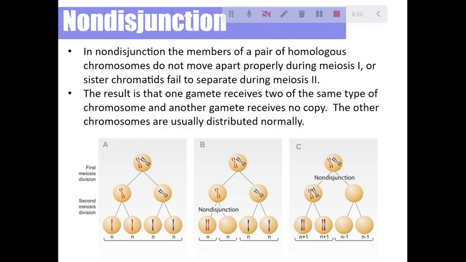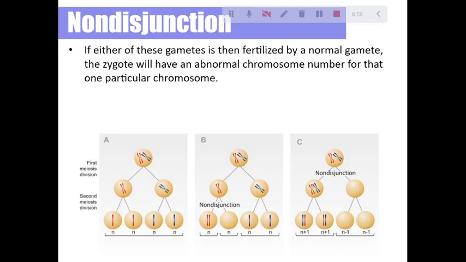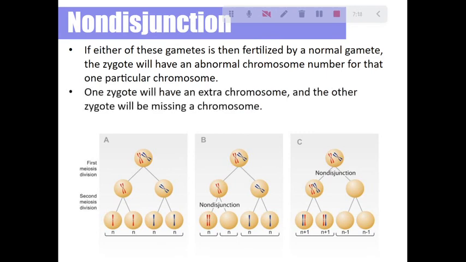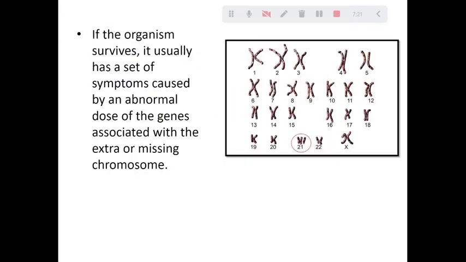The other chromosomes are usually distributed normally. If either of these gametes is then fertilized by a normal gamete, the zygote will have an abnormal chromosome number for that one particular chromosome. One zygote will have an extra chromosome, and the other zygote will be missing a chromosome.